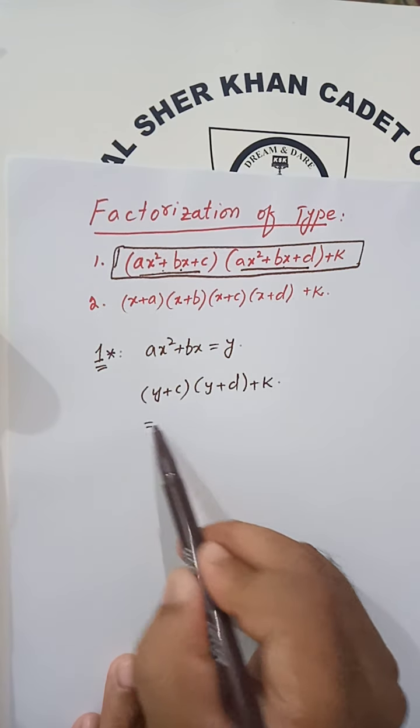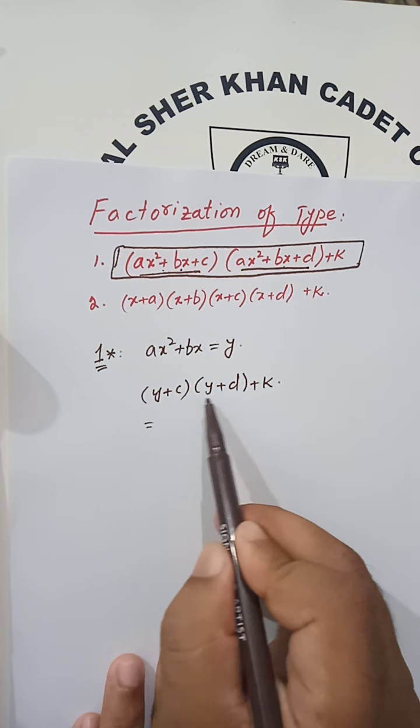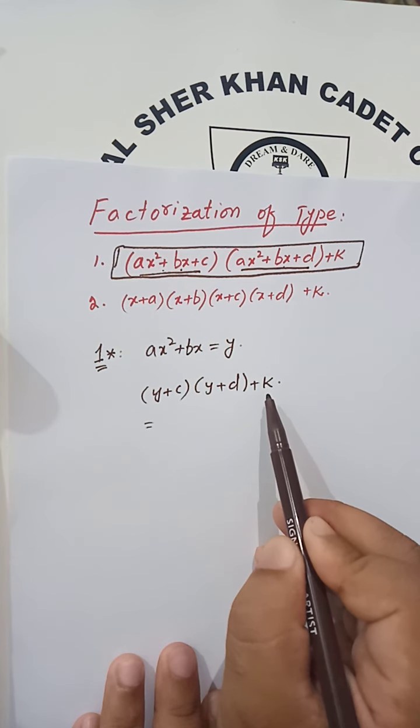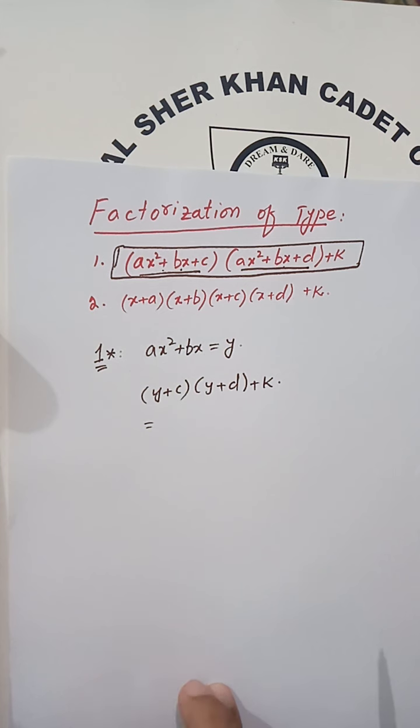Now if I multiply these two factors and then add the constant k, I will get a quadratic algebraic expression in terms of the variable y, and then you need to use some formula or the factorization method which you already learned, that is, the mean extremes method.